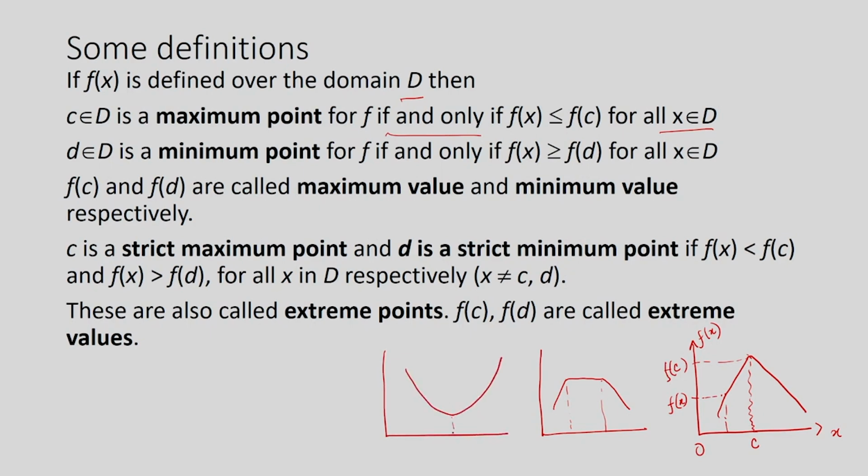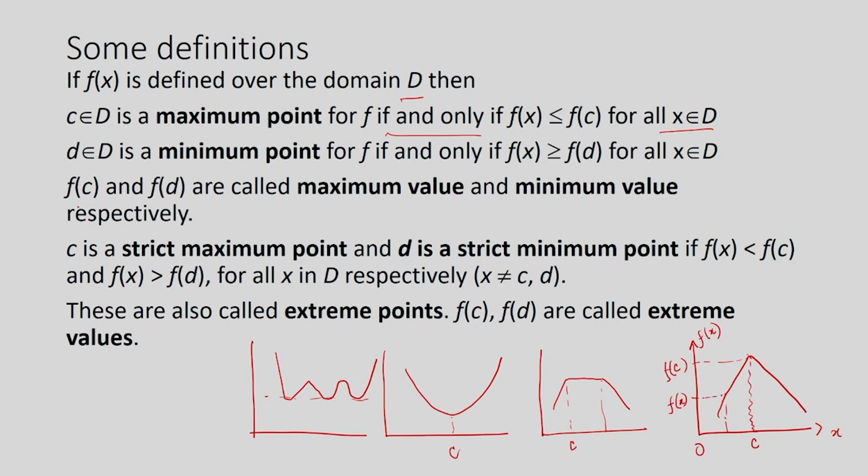So, here you have the minimum point, or it could be a weak minimum, not a strict minimum. So, you have something like this, right. All these are at the same value. So, therefore, you have multiple minimum points. So, these are not strict inequalities.